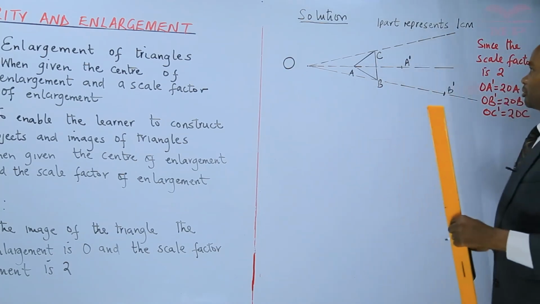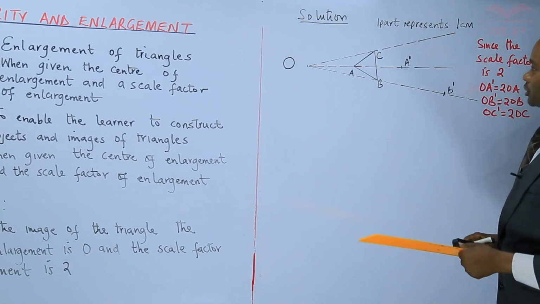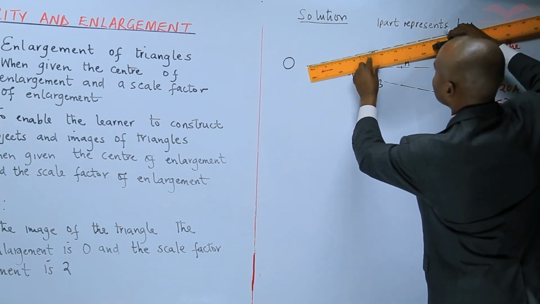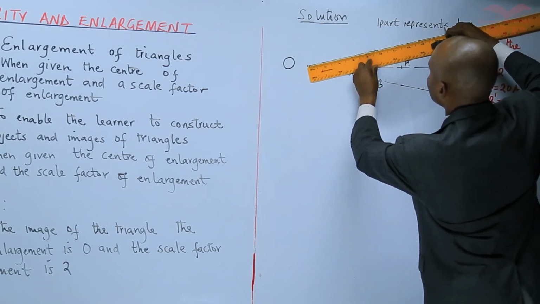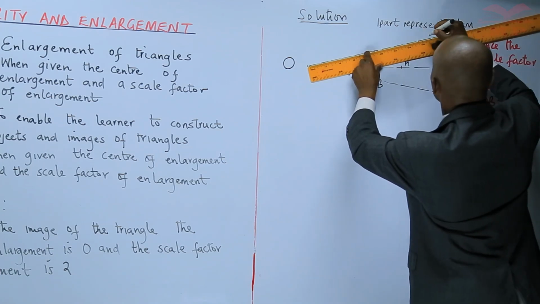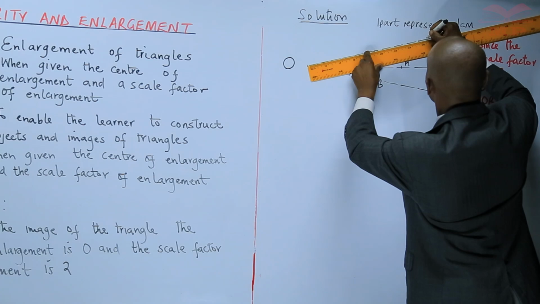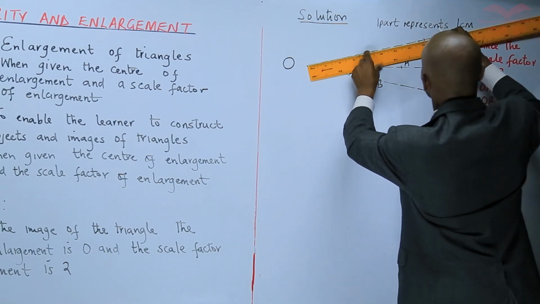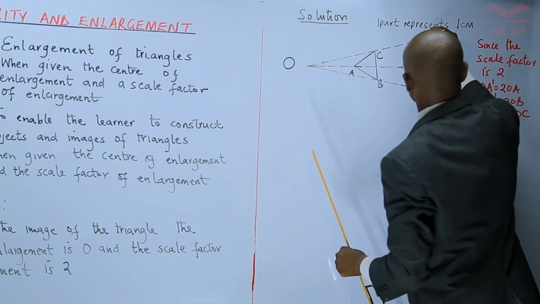That is B prime. I'll finish with C. The distance OC is 8.2, so this will be 16.4. That is C prime.